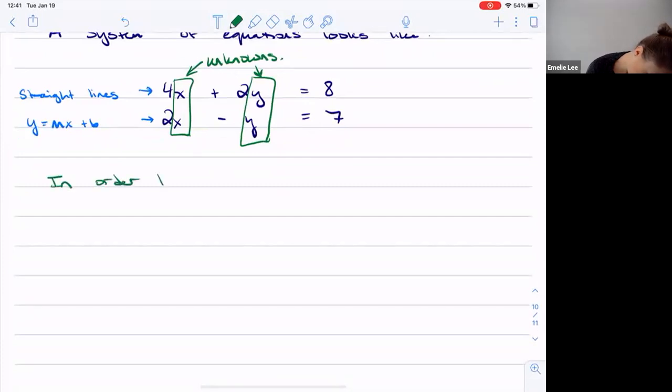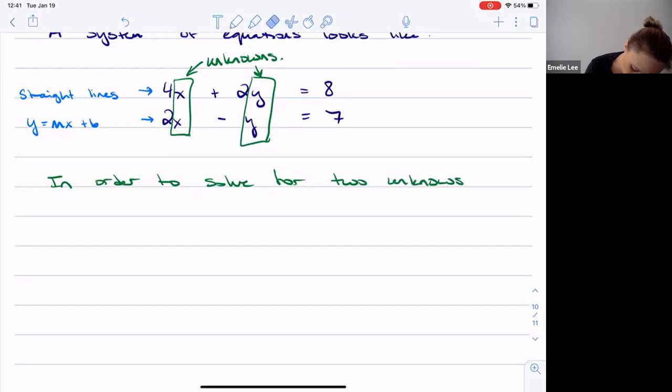In order to solve for two unknowns, we need at least two equations, but we need two equations.